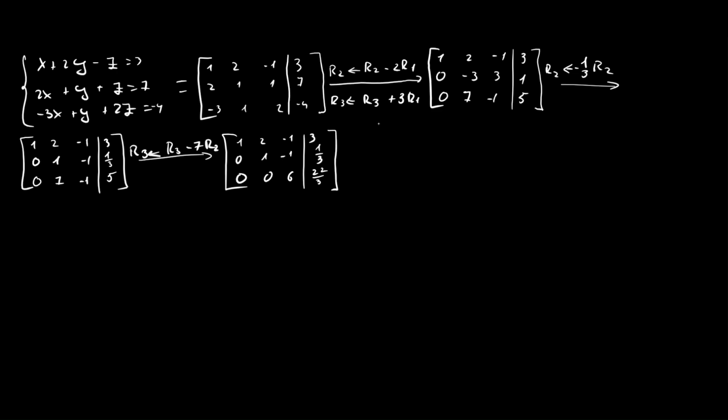So this is what we get. And then we're just going to divide row 3 by 6 just to get a pivot number as 1.